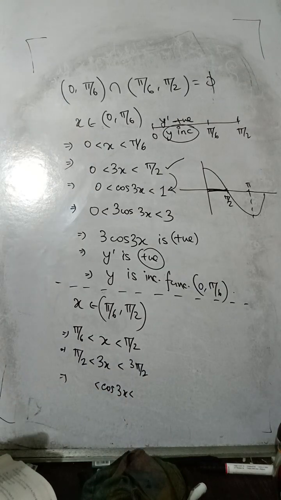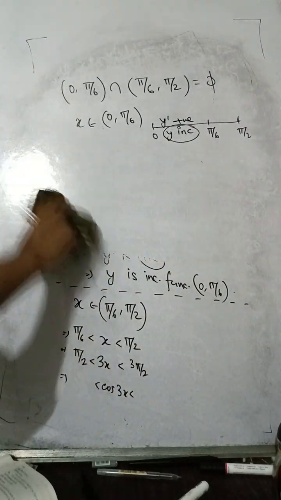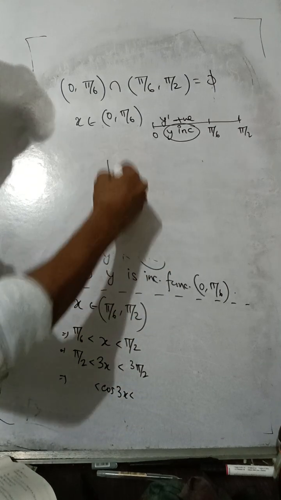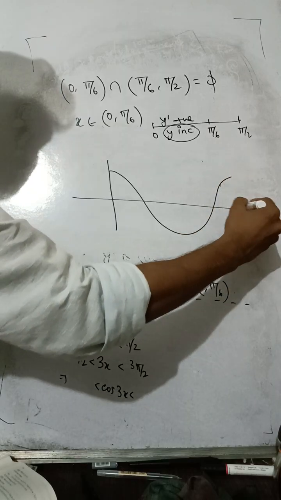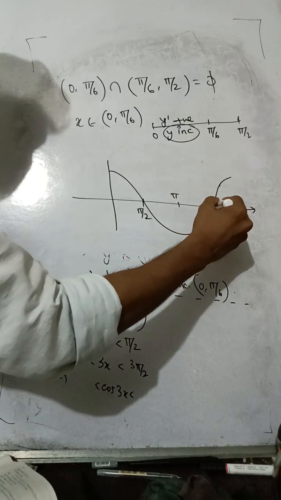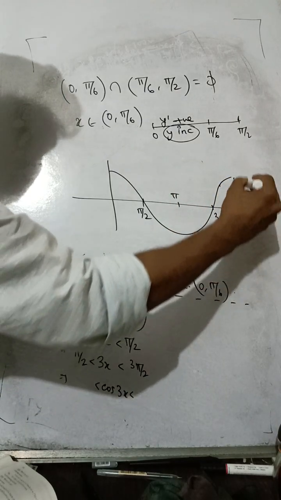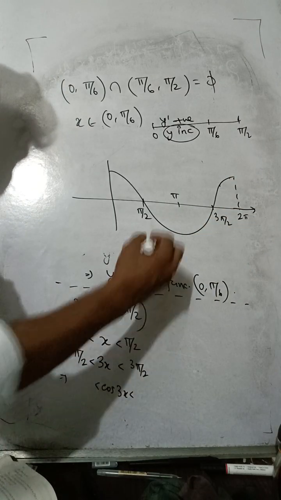Now let us draw the cosine graph again and see what happens to the cosine in this interval. Suppose we have this cosine graph here. So this is pi by 2, this is pi, this is 3 pi by 2, this is 2 pi. We are interested in looking at this region, pi by 2 to 3 pi by 2.